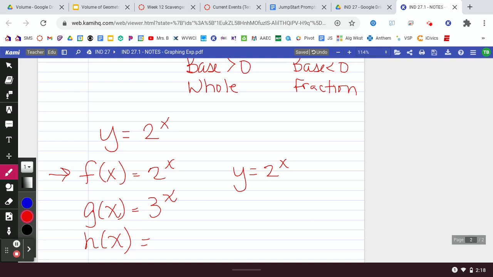Whatever the letter in front of it is, it's just its name, and all of them are simply a fancy y. You could rewrite g of x as y equals. That's just a bit of review because you are going to see it written a lot of times as f of x equals. It's the same with linear, quadratic, and exponential: you can replace that y with a fancy y and call it f of x, g of x, h of x, t of x, whatever.